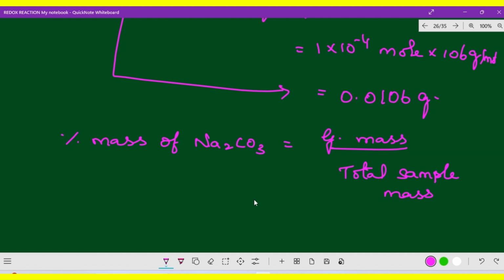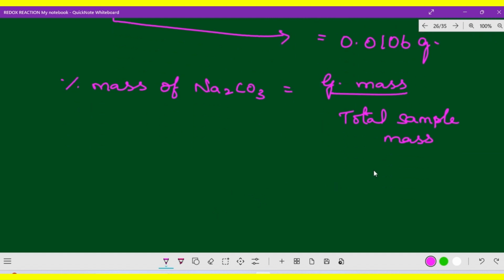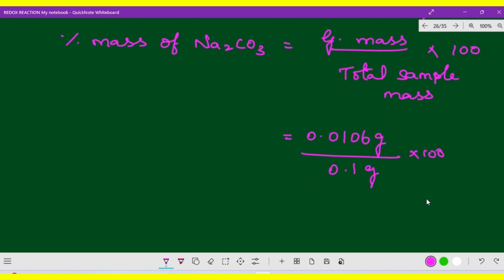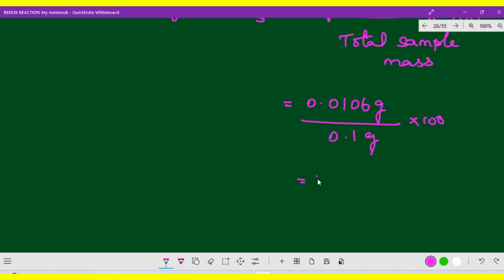So that means here they have given into 100. So you'll be getting 0.0106 gram divided by the total mass of the sample, 0.1 gram, into 100, right? You'll be getting 10.6 percentage. Okay, 10.6 percentage we will be getting.